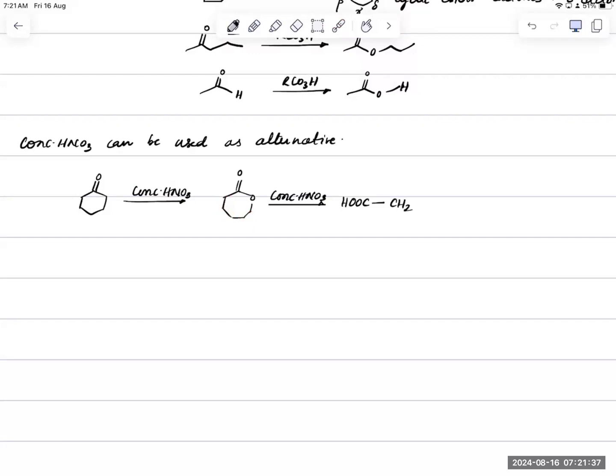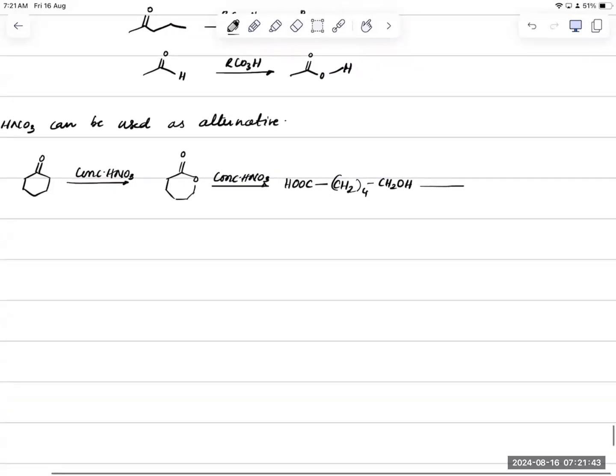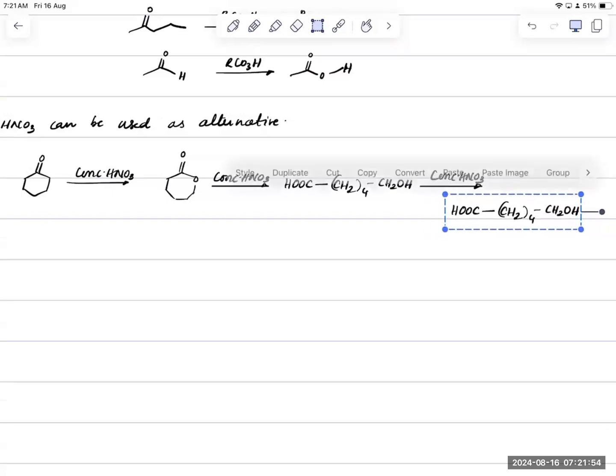Let us write 4 of them. So 4, and the last one we have is OH. And you know that CH2OH in the presence of concentrated HNO3 will again be converted into acid. So that primary position will also again convert into acids. So this will again become COOH. So this is where you would end.